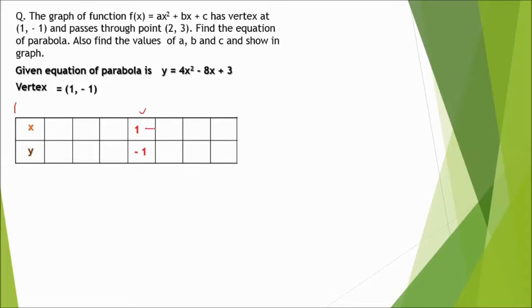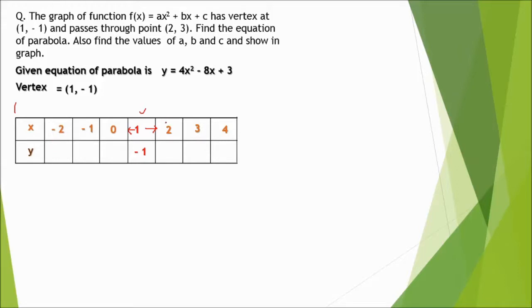Now the greater values will be taken on this side, that means 2, 3 and 4. The lesser values on the left side, that will be 0, -1 and -2.